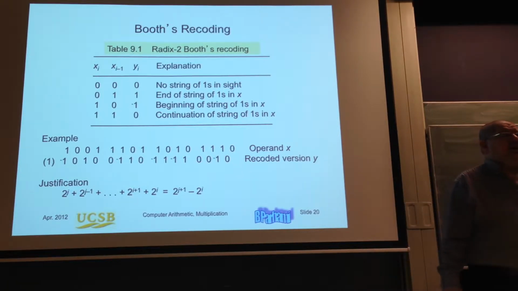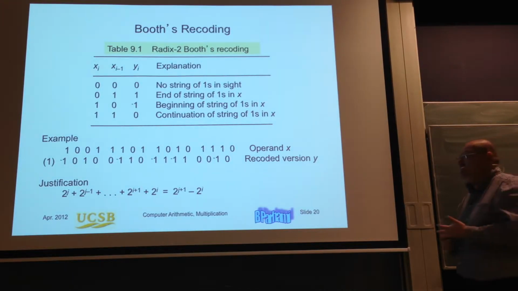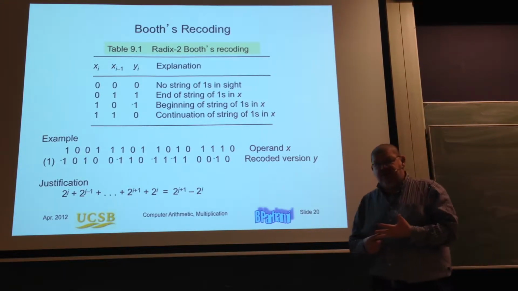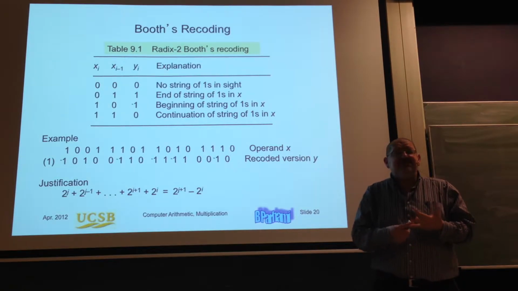Remember that we could add or subtract. Then the fact that a bit was a 0 or a 1 was not a restriction. A bit could have been also a -1. 0 is nothing, 1 is an addition, -1 is a subtraction. Then I can allow for having bits in my X which are with explicit sign.